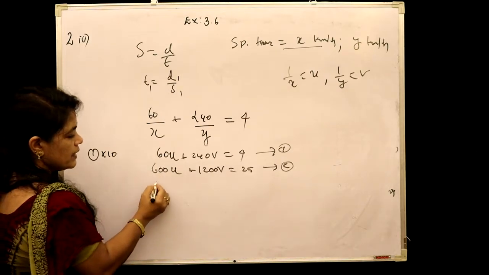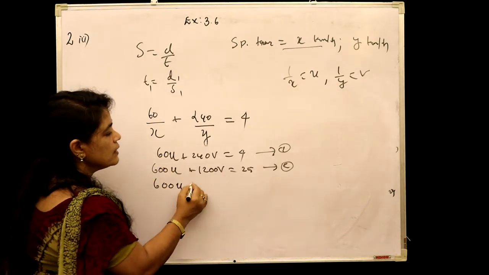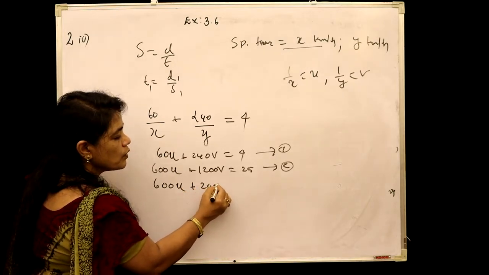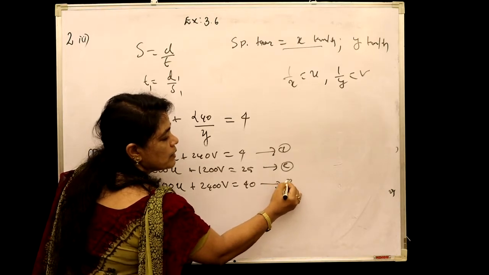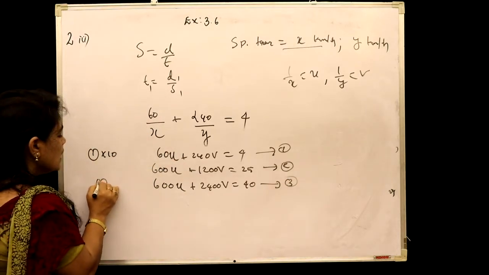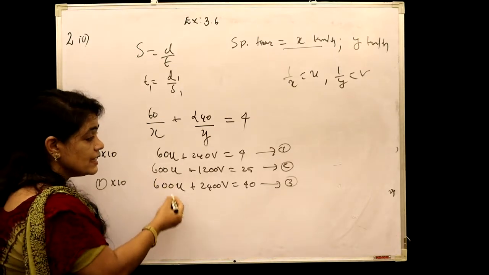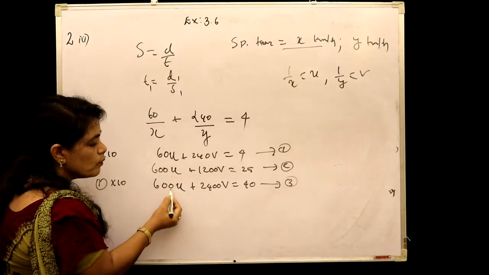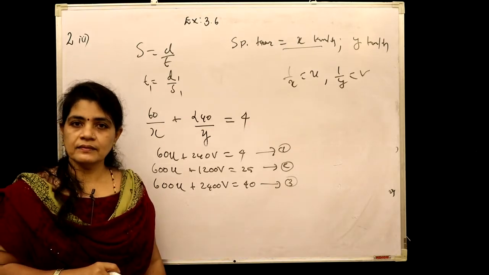So this will be 600u plus 2400v is equal to 40. Let it be equation number 3. This we got by multiplying with 10 so that you can easily eliminate. Now we have both equations having the same coefficient, that is 600.